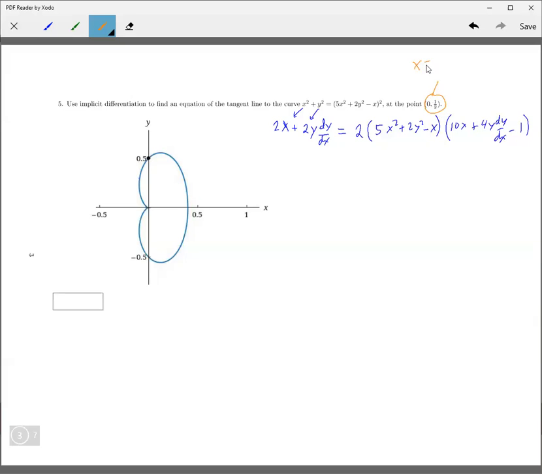So x equals 0, y equals 1/2. Everywhere that you see an x, you're going to replace that with a 0. And everywhere that you see a y, you're going to replace that with 1/2. Okay?